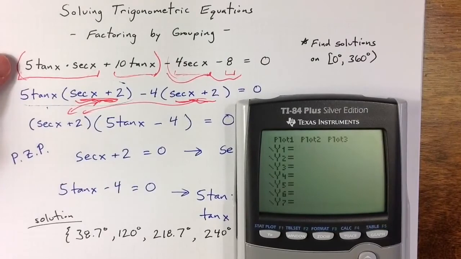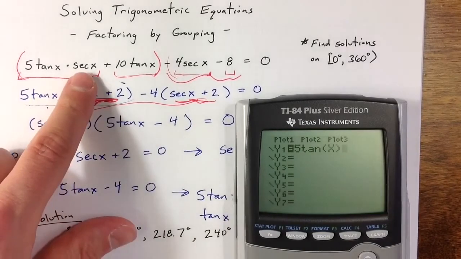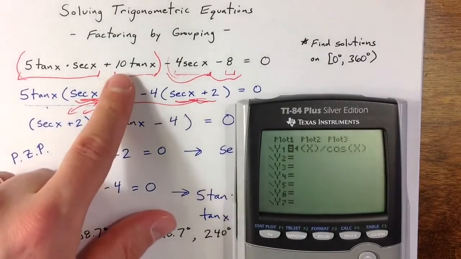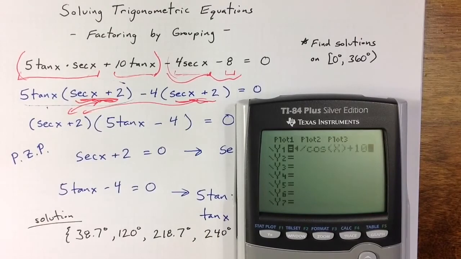If I enter the original expression into the calculator, 5 times tangent of x times secant of x, of course I need to turn that into cosine, so I can divide by cosine of x, and then plus 10 tangent of x minus 4 divided by cosine of x minus 8.